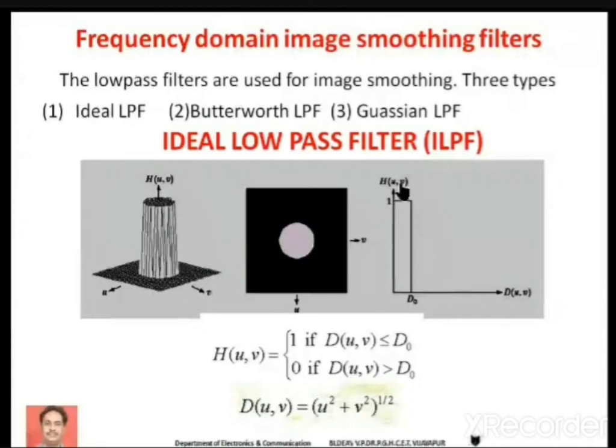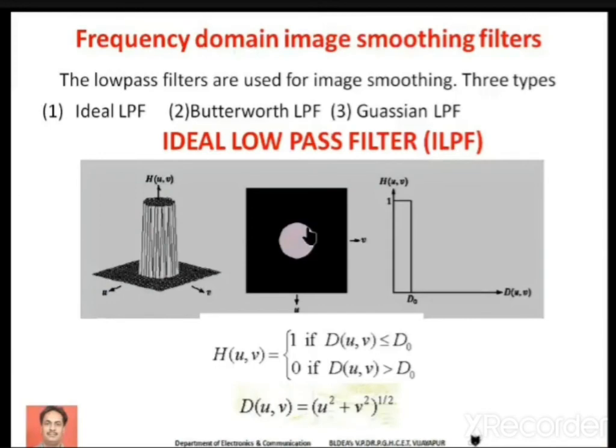Now this transfer function H of u comma v, I can define using this plot as 1 if D of u comma v is less than or equal to D naught, where D naught is the cutoff frequency of the low pass filter, and D of u comma v is the distance from the origin to any point u comma v on the frequency plane.